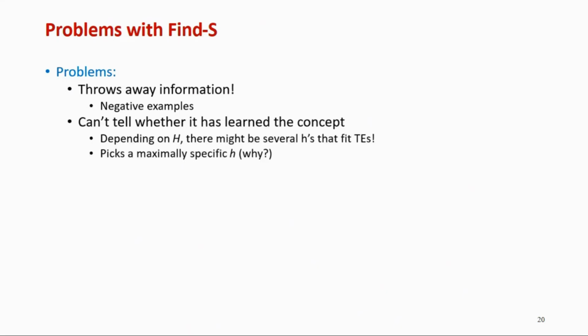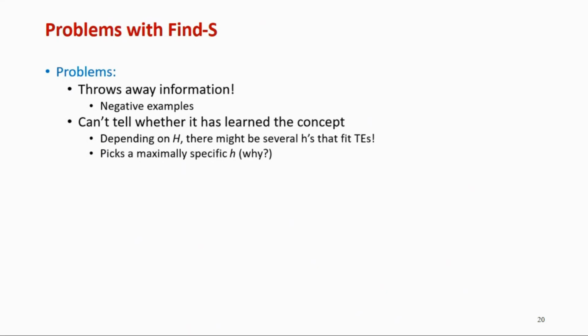Let's understand the problems with Find-S, the pros and cons. The problem is that it throws away information, meaning the negative examples are not considered. So it is leaving out some information. And we cannot tell whether it has learned the concept, because there may be several hypotheses that fit the target concept, but we are picking the maximally specific hypothesis.